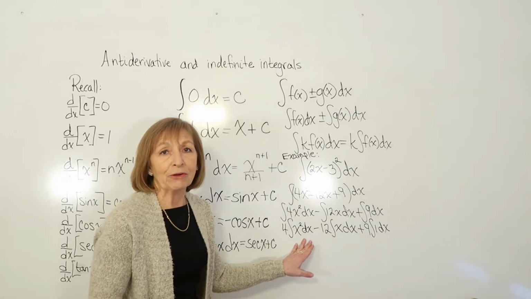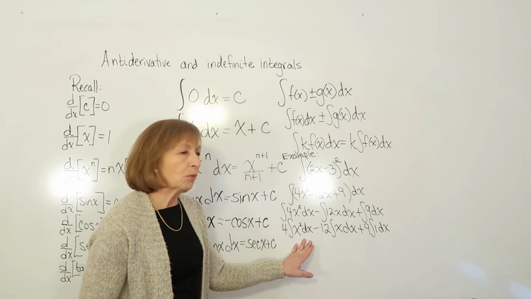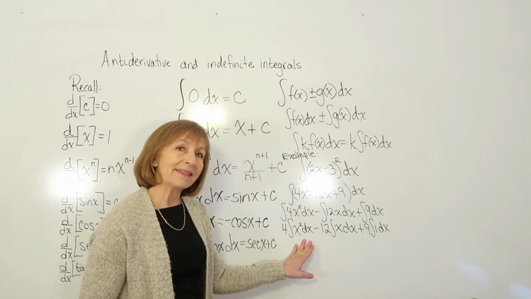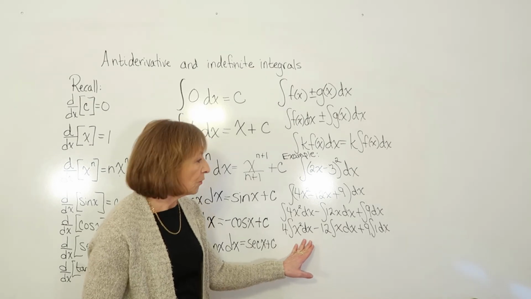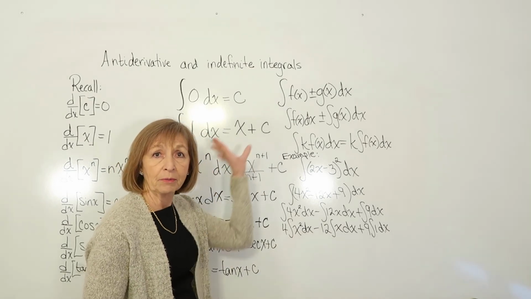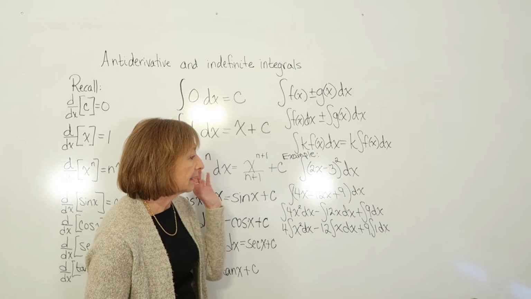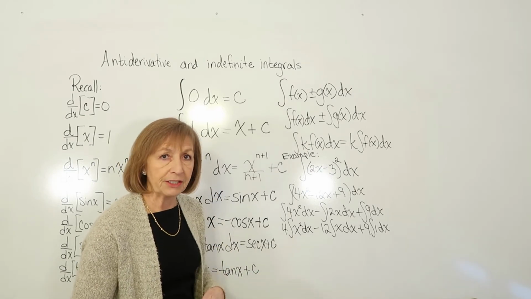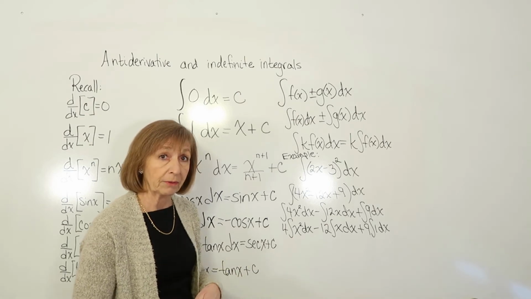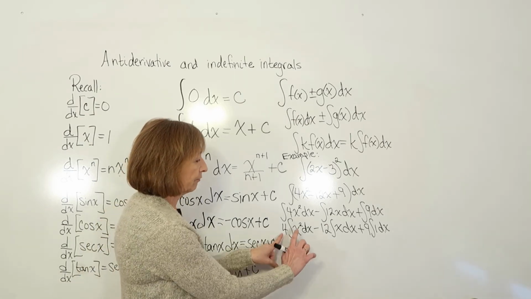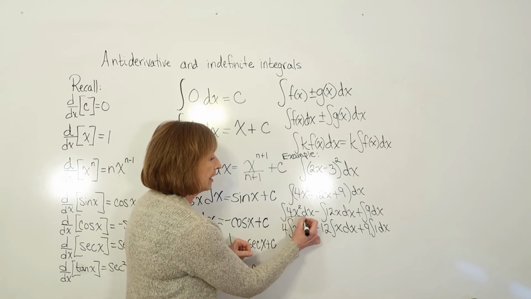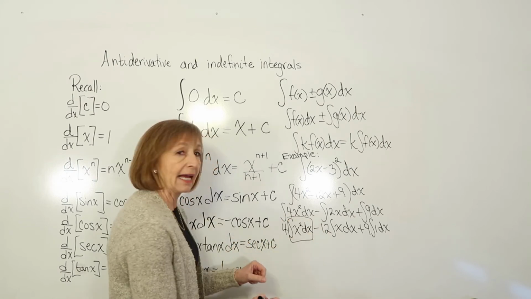And as we get further along and we do more of these, we'll just think that through instead of writing out the specific steps. But at this point, it just helps to show that we are only using our basic properties and our basic integrals from the very beginning of the differentiation process. Those are the ones we're going backwards on. Okay, now it's 4 times what you get for the integral of x squared dx.